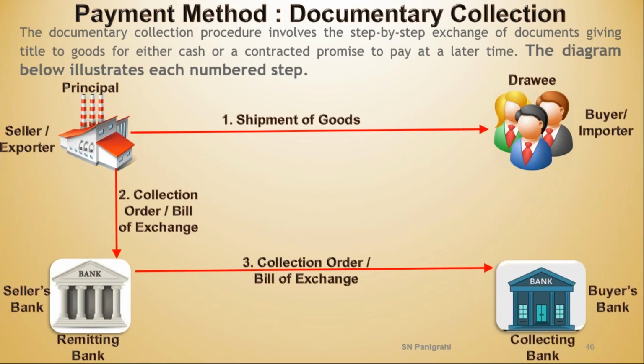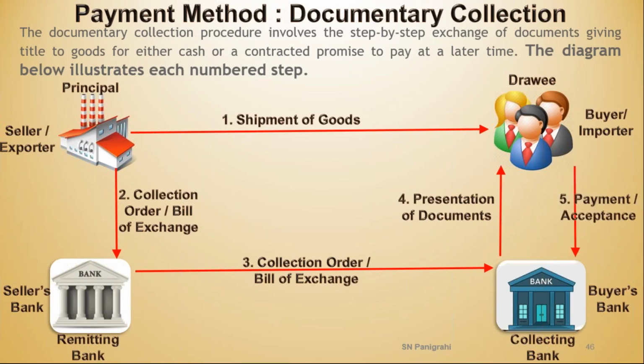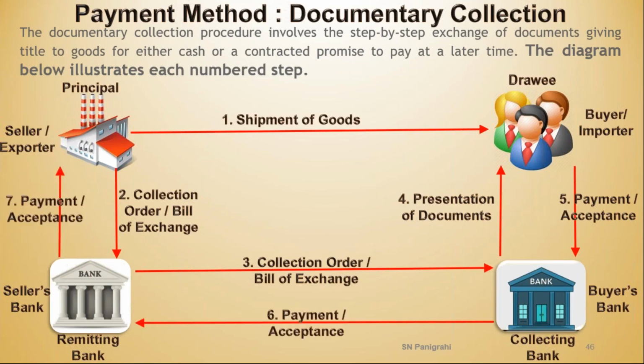That is the collecting bank. The collecting bank will release the documents to the buyer, and in turn takes the payment. Only on payment do they release the documents. Then the collecting bank sends the payment to the remitting bank, and the remitting bank makes the payment to the exporter. This way the payment is received.